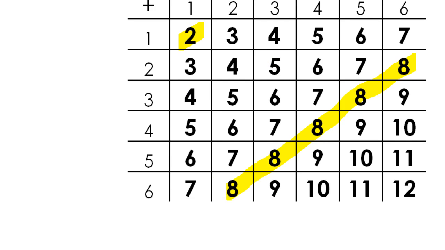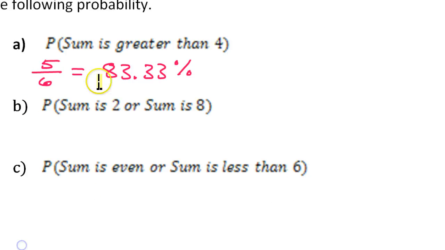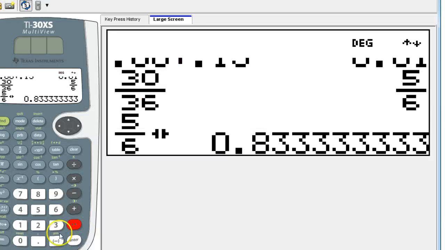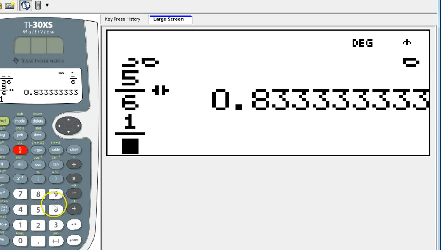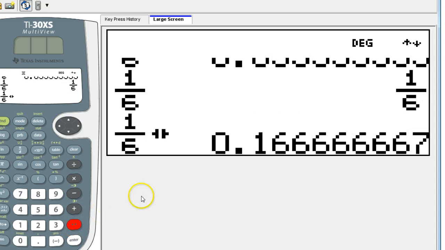So that's 6 ways to win. So that's 6 out of 36. Of course that is 1/6, which is 16.67%. Got to round up.